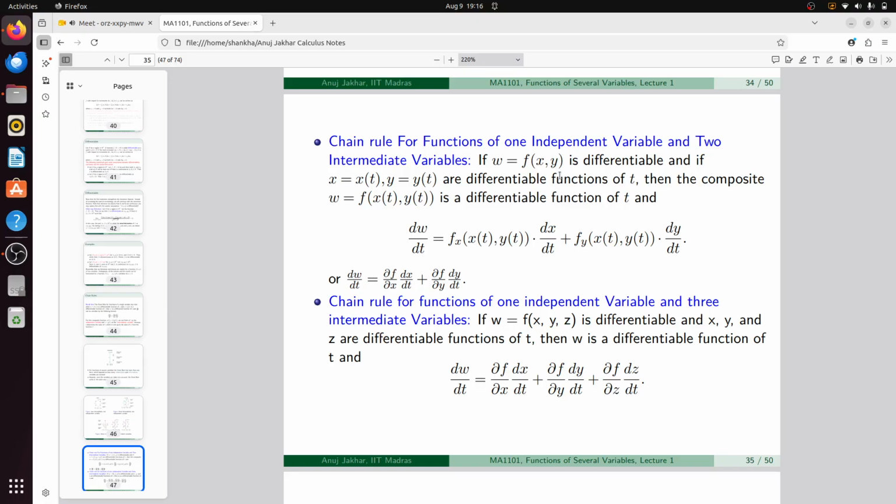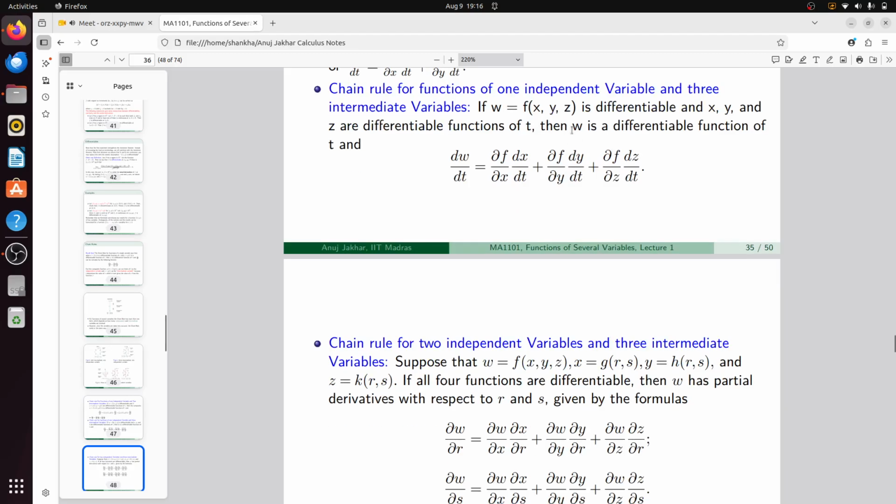So you need to take dw/dt. To compute dw/dt you first calculate del w del x dx/dt plus del w del y dy/dt. Now for three variables you will do the same. dw/dt will give you del f del x dx/dt plus del f del y dy/dt, and so on. So for n variables you can just make the linear sum of the same thing.